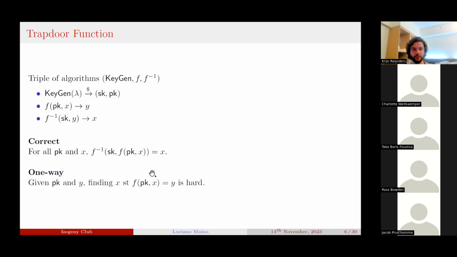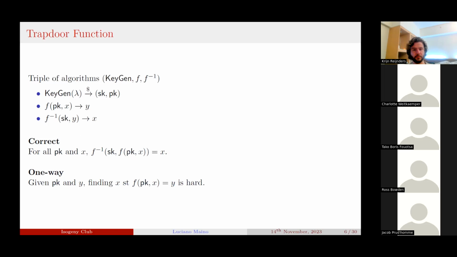And the other property that we need is that this trapdoor function should be one way, which means that given a public key and an output y, finding an x such that f_pk(x) is equal to y is actually a hard problem.